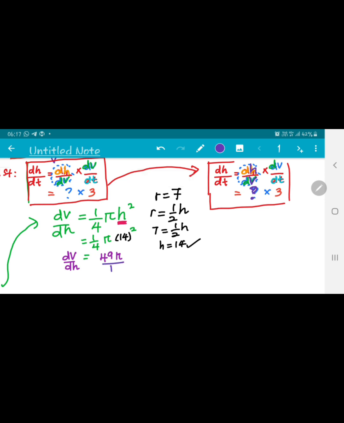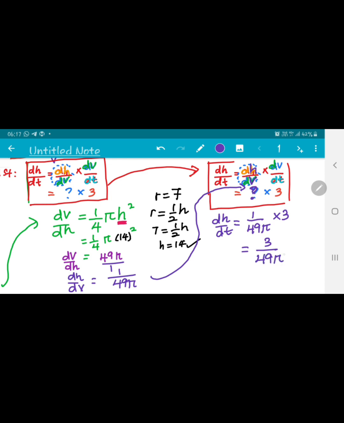This is actually over 1, so dH/dV will be 1/(49 pi). Masuk di sini. So dH/dt is 1/(49 pi) times 3, become 3/(49 pi). Since h is height, it is in centimeter and time is in second, so we have centimeter per second. Done.